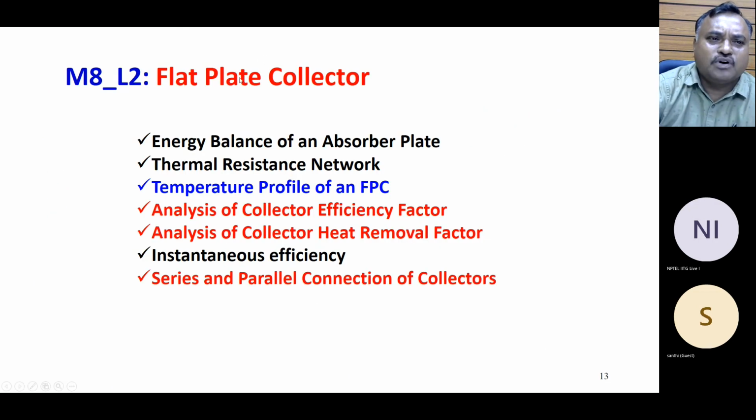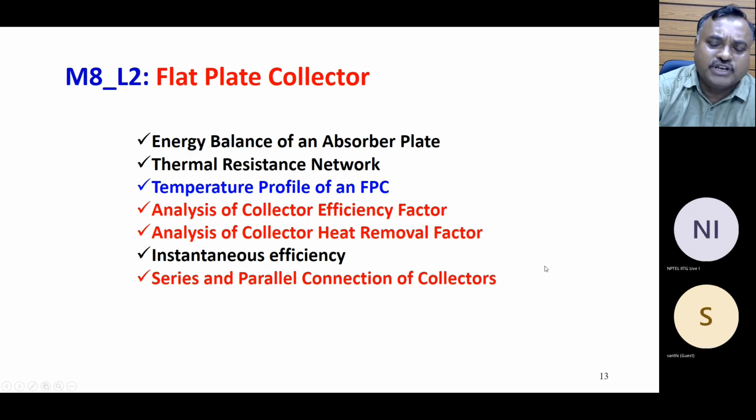In lecture 2 of module 8, primarily we have discussed the energy balance of an absorber plate, then the thermal resistance network, then the temperature profile of a flat plate collector, then analysis of collector efficiency factor, analysis of collector heat removal factor, instantaneous efficiency, and series and parallel connections of the collectors.